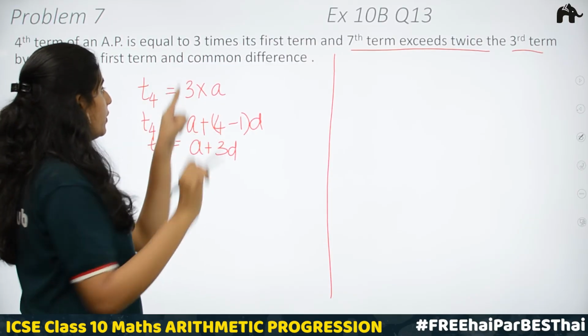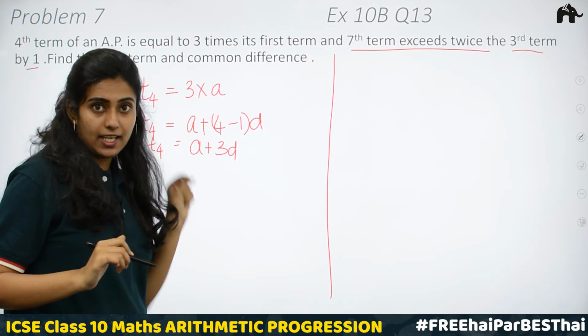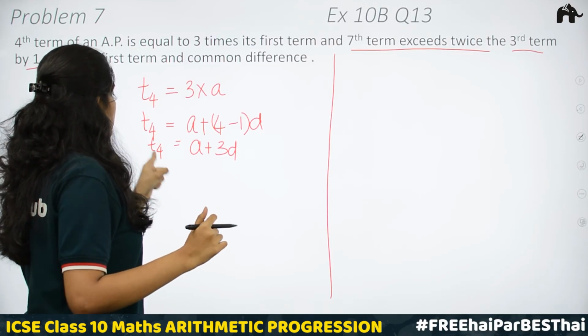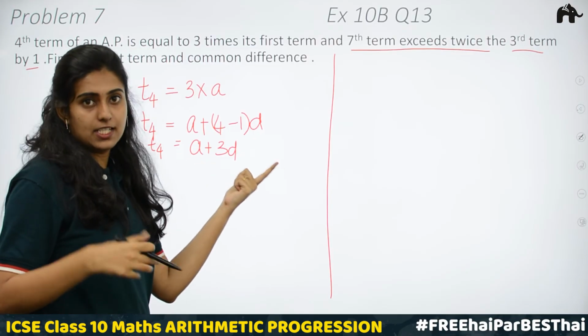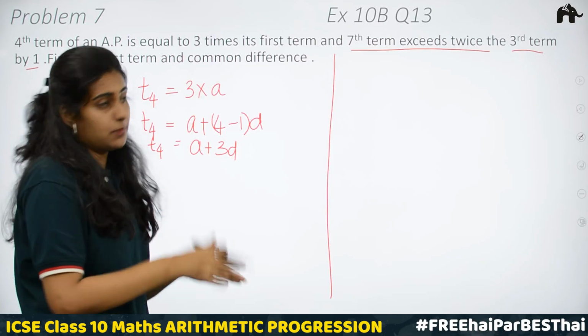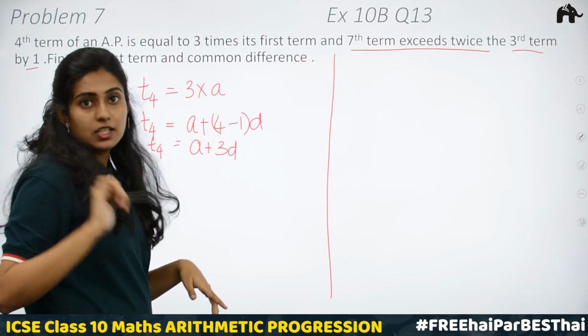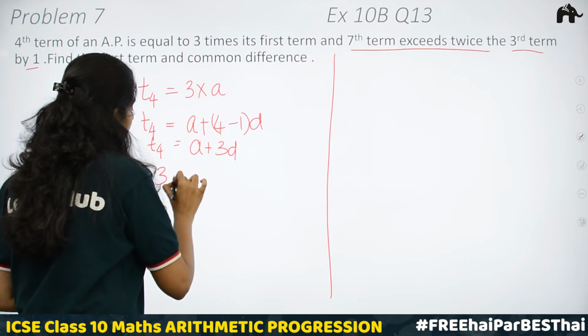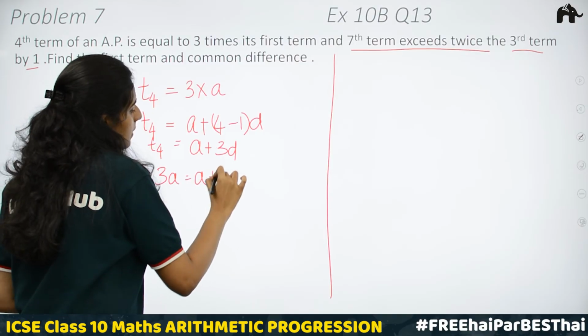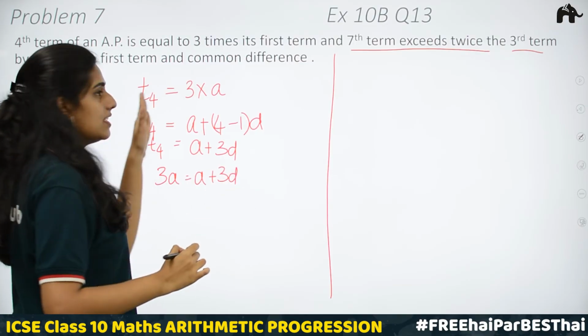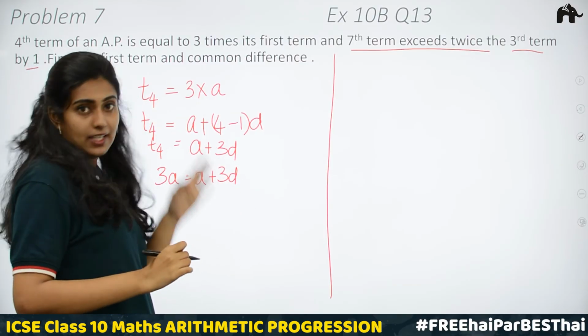We have from the question T4 is equal to 3a and also T4 is equal to a plus 3d, general form of the nth term. Comparing them, we get 3a is equal to a plus 3d. Left hand sides are equal, therefore right hand side should be equal.